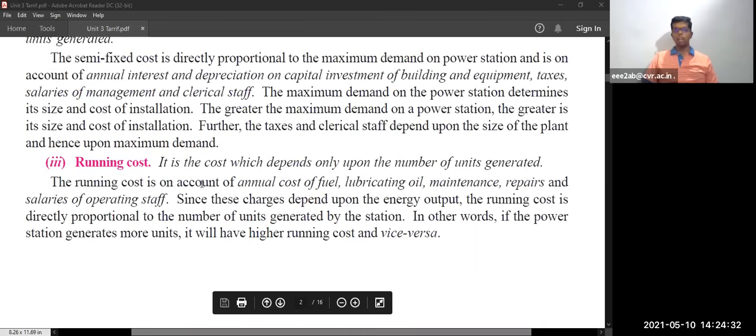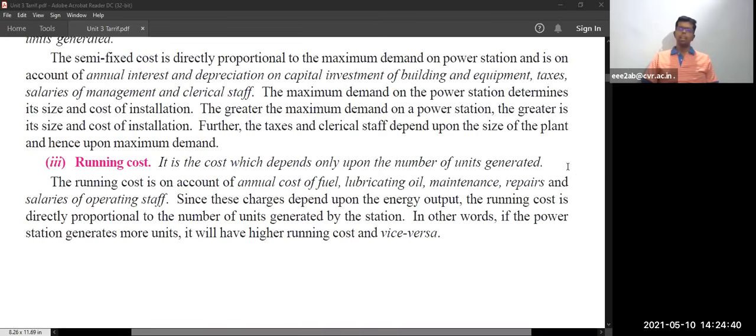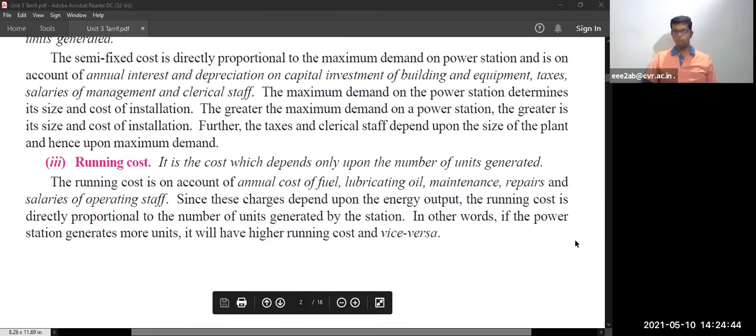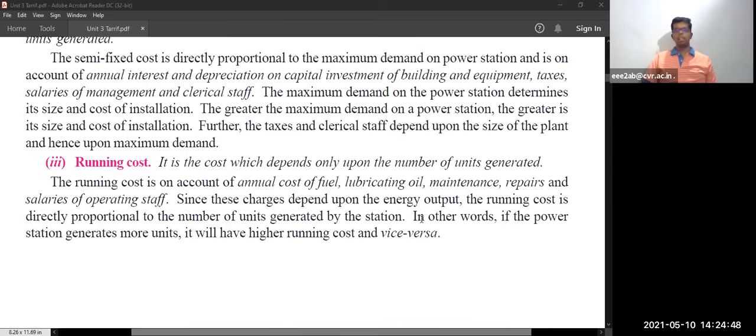Or if it is concrete, no problem, leakages might be very few. Even so, 5 years once or 10 years once, they will simply replace that penstock pipe, even due to age. Then the surge tank, then everything has to be maintained. Lubrication oil, then the annual cost of the fuel, everything comes under the running cost.